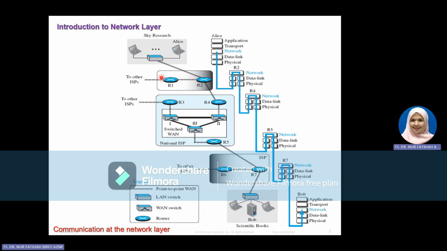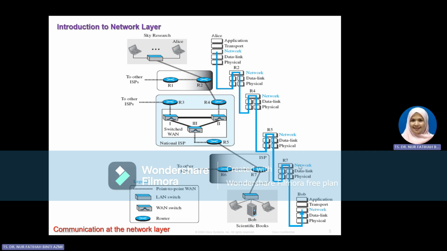We have R1 here, and then R2. We can see here how this router handles up to the network layer. The routers don't need to interpret the data in this layer.